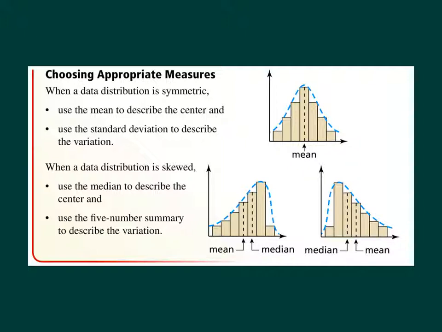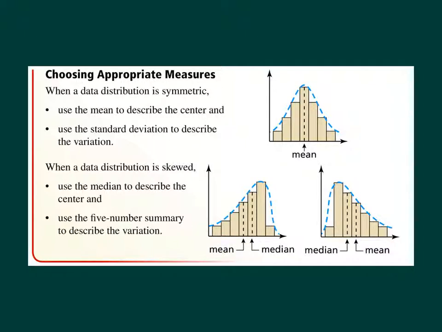But when something is skewed, and sometimes that happens because of outliers, then the mean can be kind of artificially changed. We've seen some examples of that in class, in which case you'd want to use the median. For example, here where this histogram is skewed to the left, you can see that the mean gets pulled down.